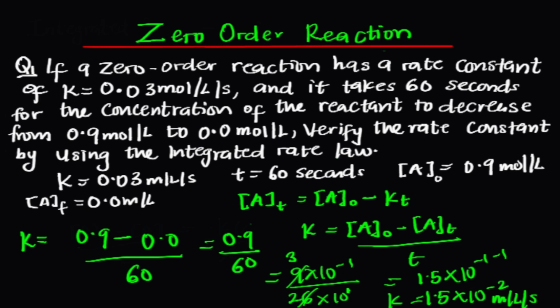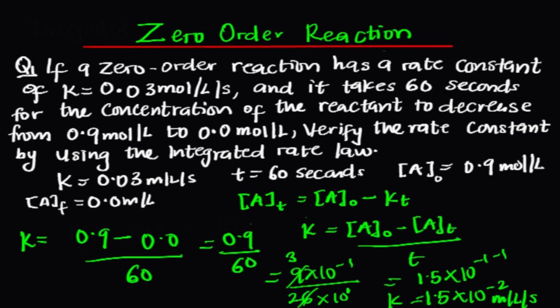But if you look at this very well, since the rate constants do not match, the value here is different from the value here, and that simply shows that there is maybe some inconsistency with the data, or some mistake with the data. That's exactly what happened, because the rate constants are not the same.